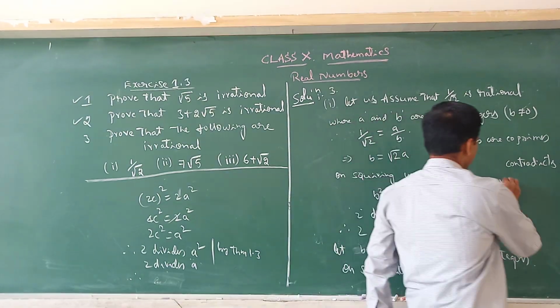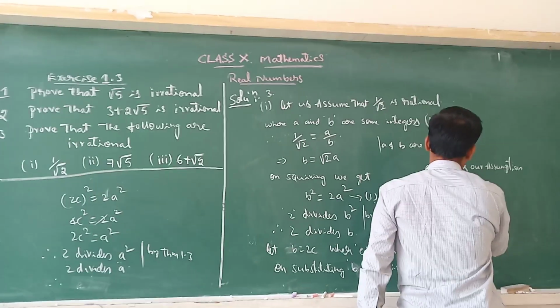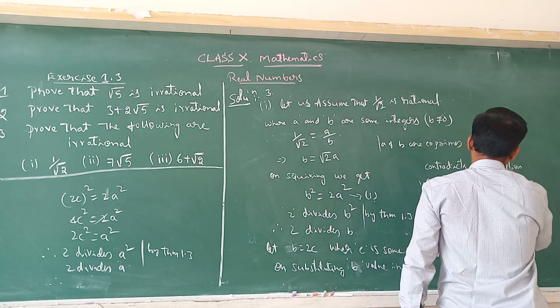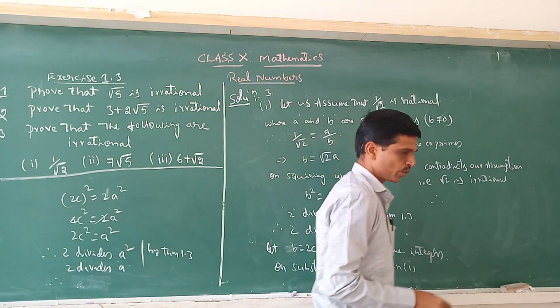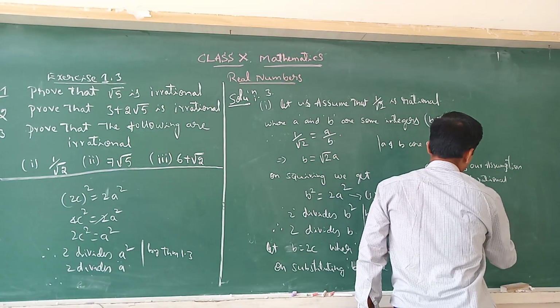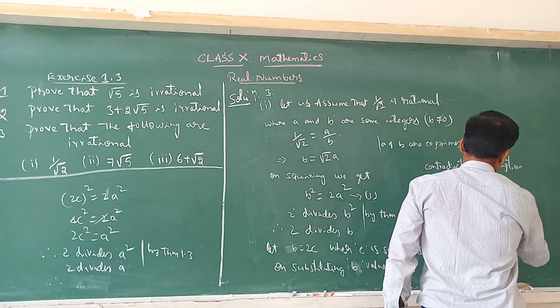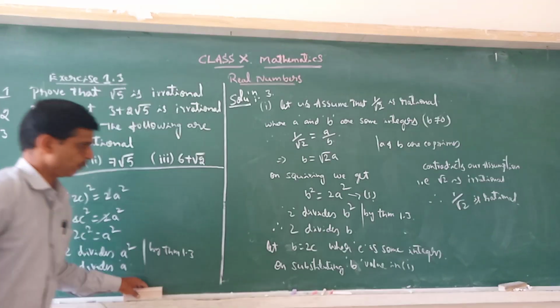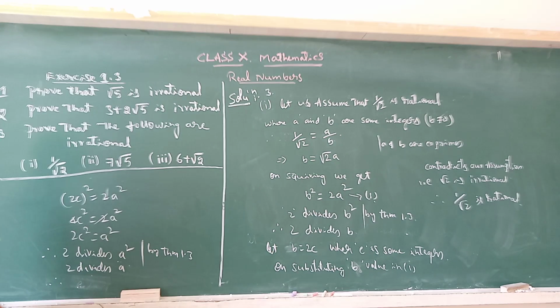Root 2 is irrational. So therefore, I conclude that 1 by root 2 is irrational. So this is our total solution.